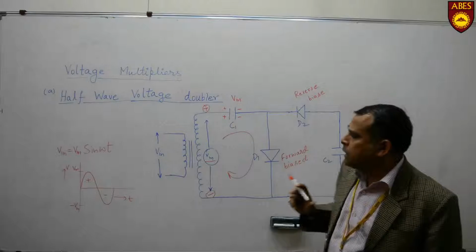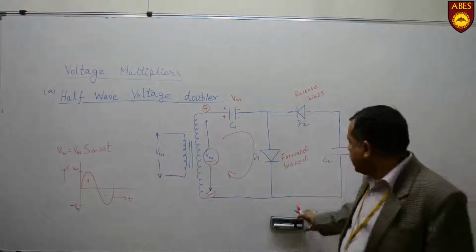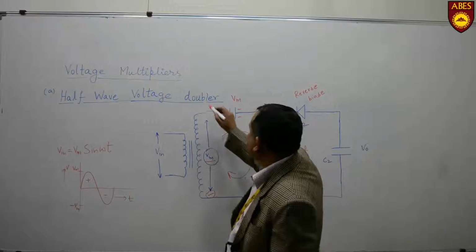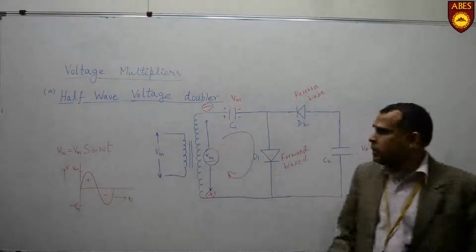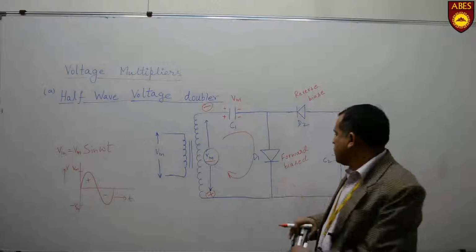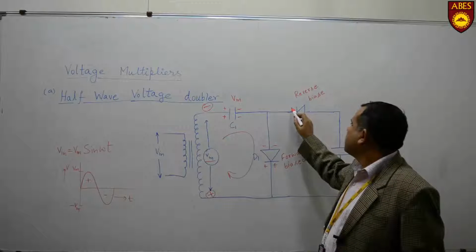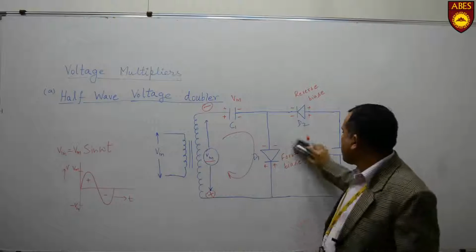When the negative cycle, or the second half cycle, appears, the terminals will get the polarities like this. In this condition, this diode will be reverse biased.